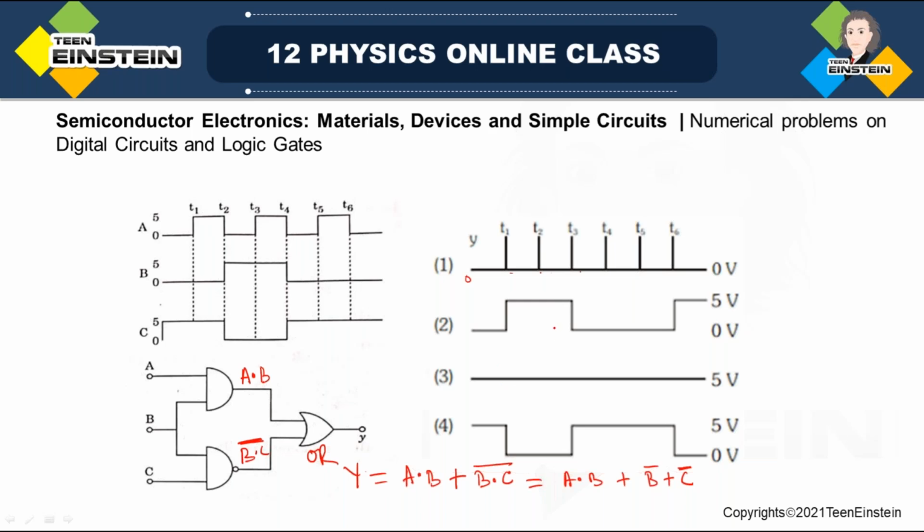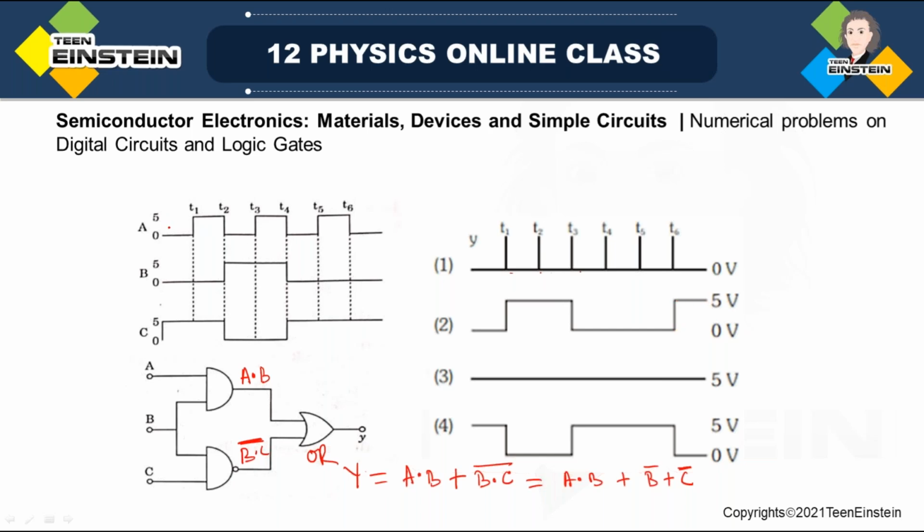Let me first explain the second option also. The second option says that for some time it would be low, then it will be high for some interval, then again for some interval it will be at low level, and finally it will be at high level.